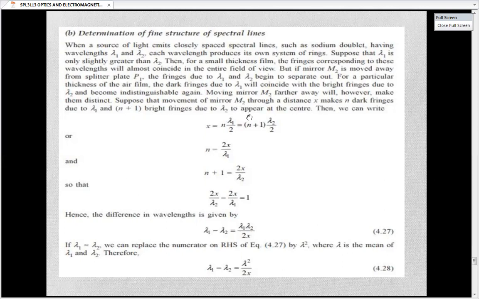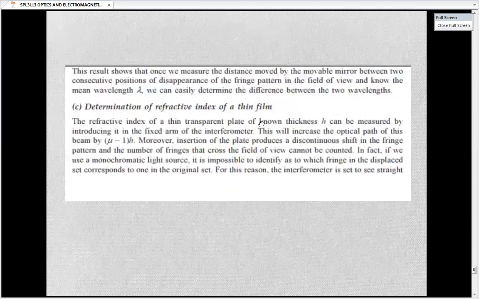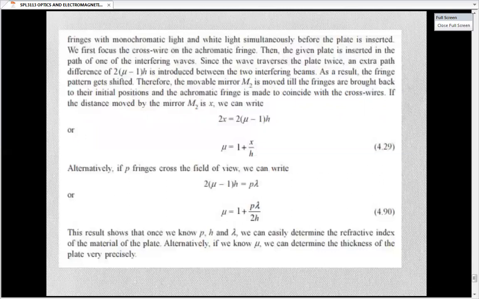And then finally, we can also determine the refractive index of a thin film. The concept here is that when a glass is introduced in the path of one of the interfering rays, then the fringes will be shifted, just the same way we did for the other interference under Young's experiment.